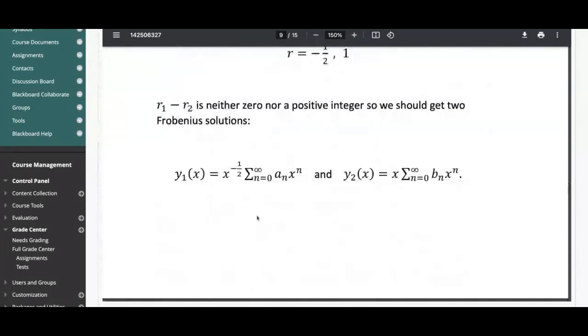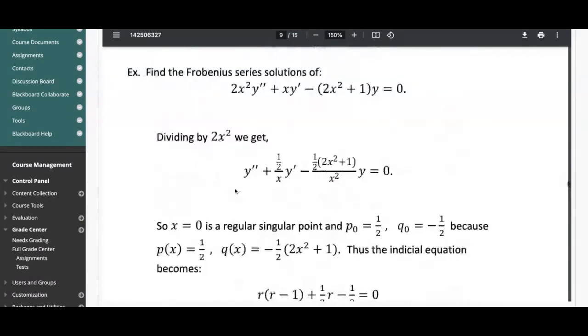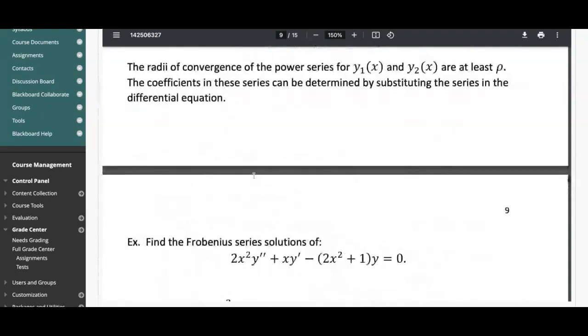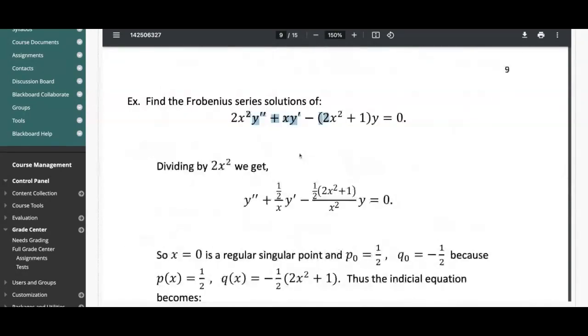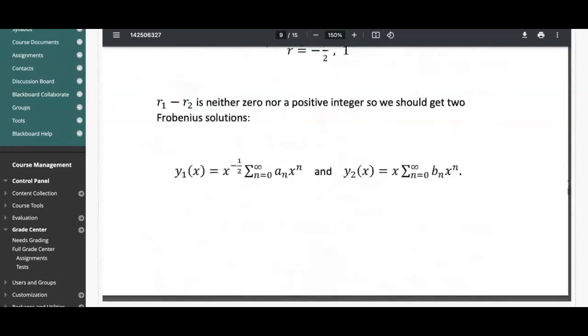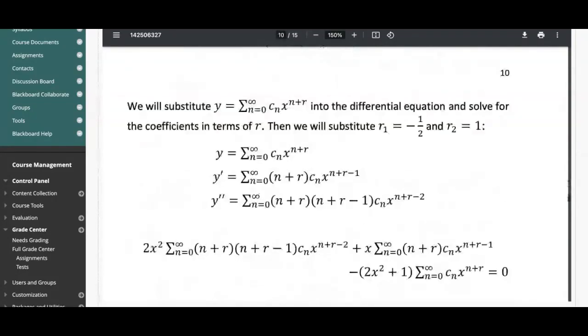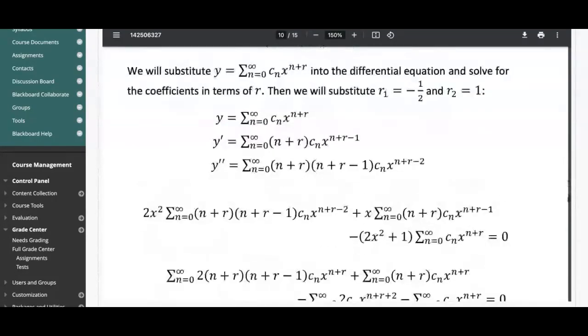So what do we do? We differentiate y1, then differentiate y1 prime again. So we plug back into this. We have done some examples. You have presented some. There's a lot of calculations.